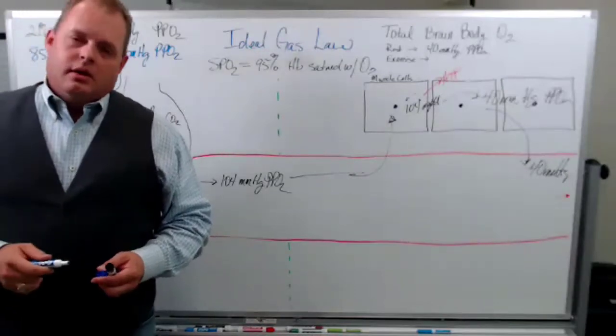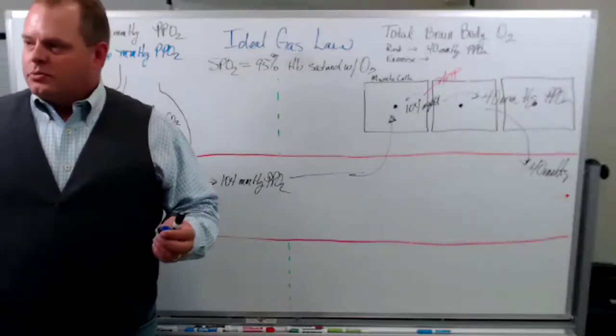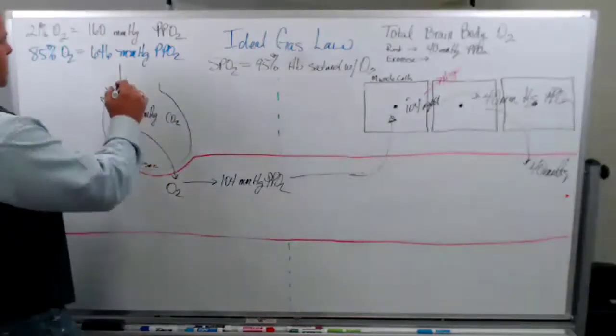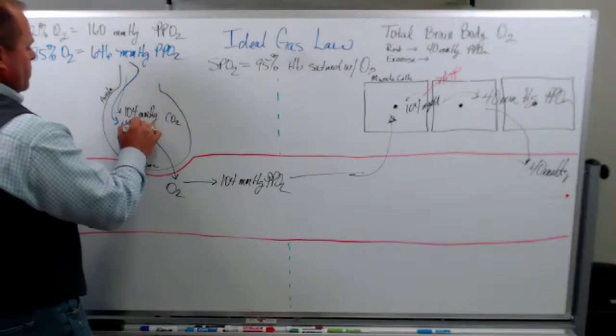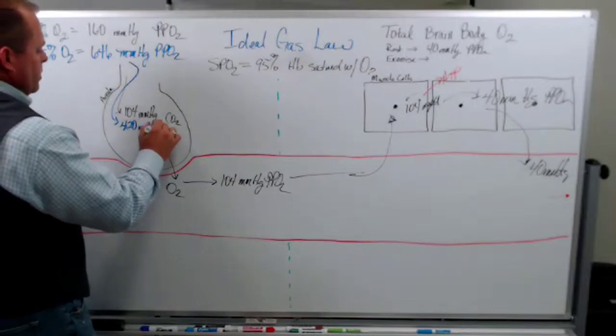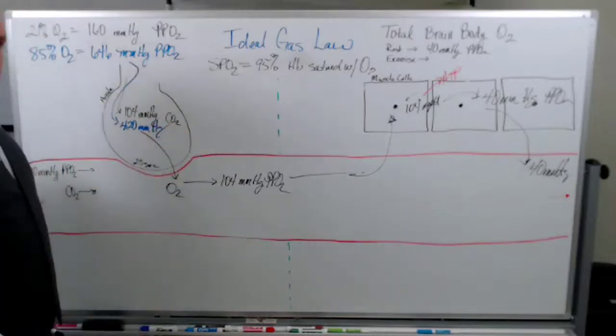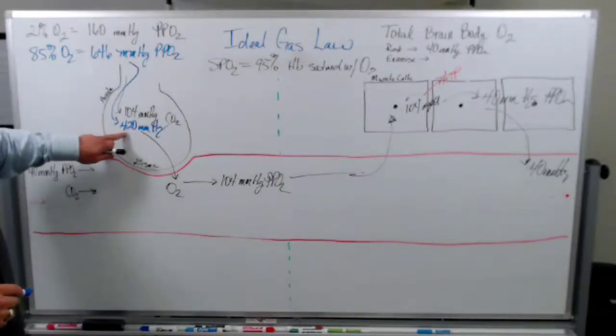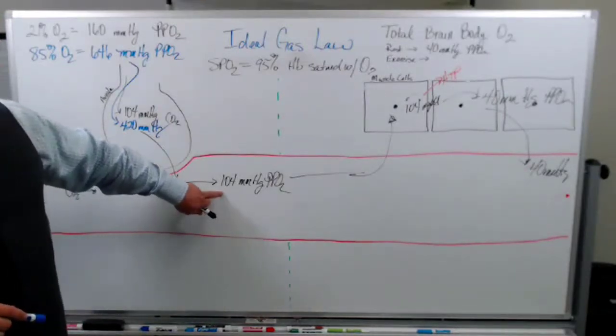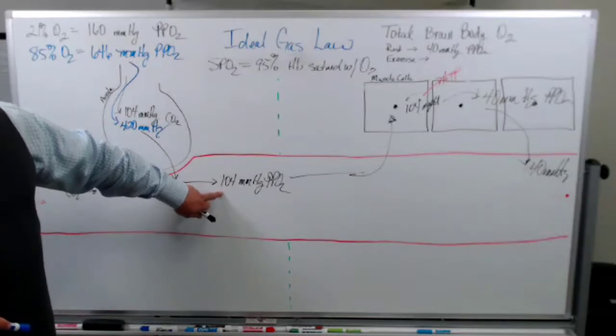Now, remember, CO2 is 25 times more soluble, so by the time it actually gets into the alveoli, it's 420 millimeters. Okay? Now, what happens when it gets into the bloodstream?